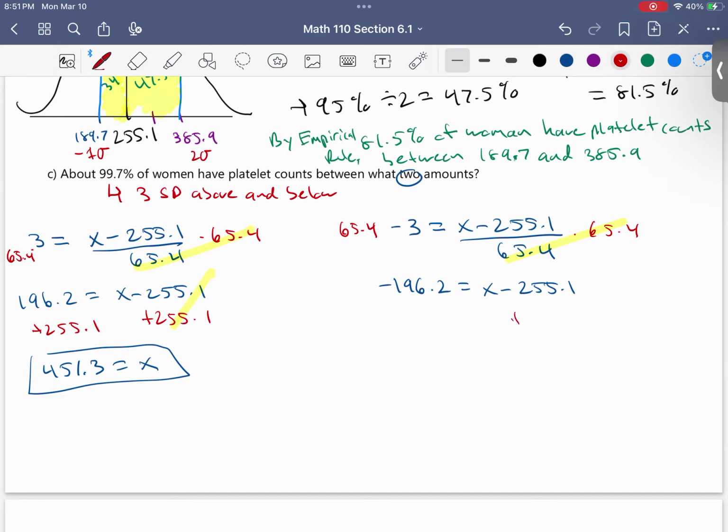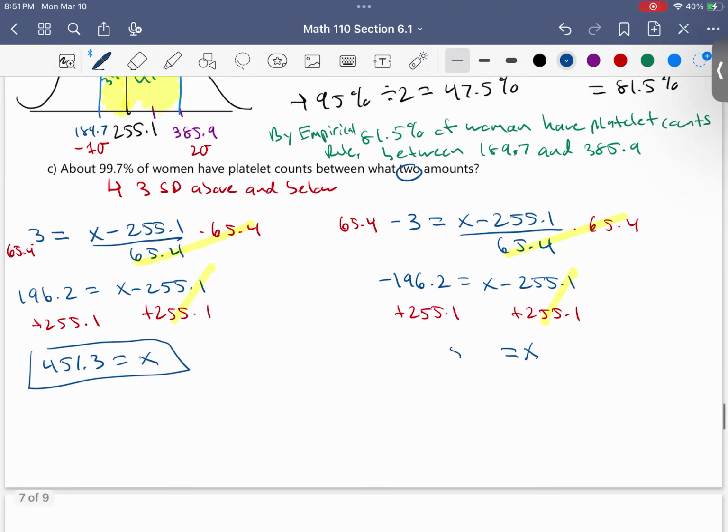And we're just going to add, once again, 255.1 to both sides. And what I'm left with is x equals 58.9. Okay, so those are two values that have 99.7% of women platelet counts between them.